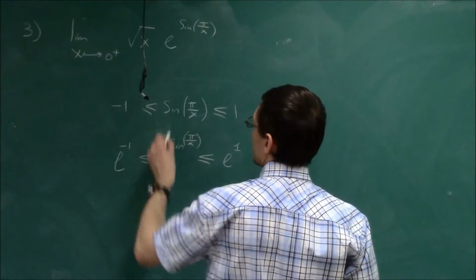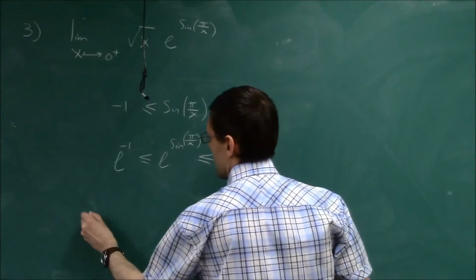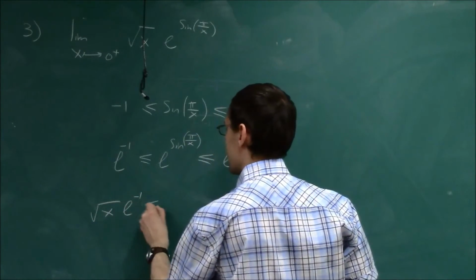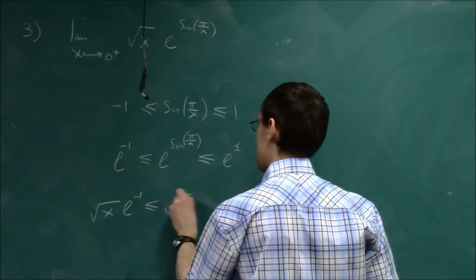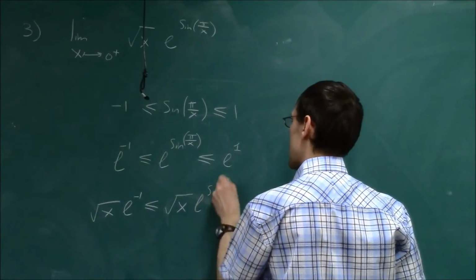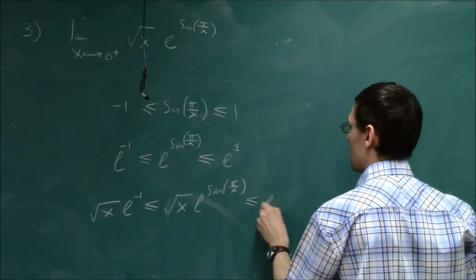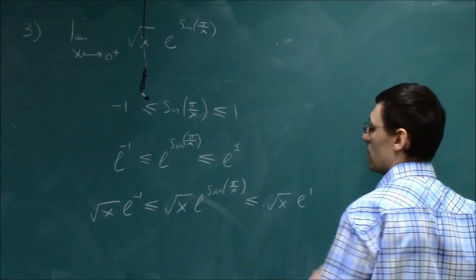Now the next step is to multiply each part of the inequality by root of x. So we have that root of x times e to the minus 1 is less than or equal to root of x e to the power of sine pi over x less than or equal to root of x times e to the power of 1.